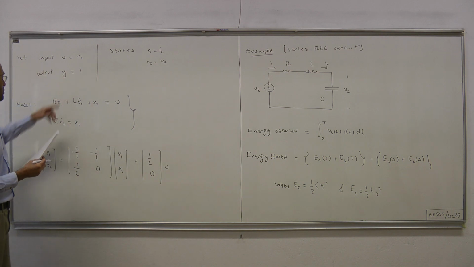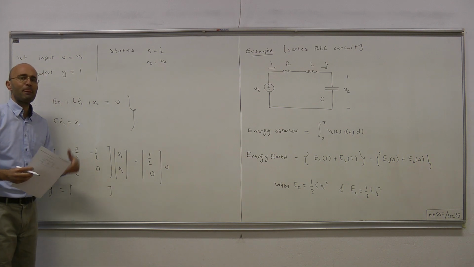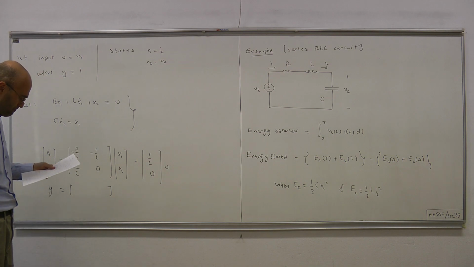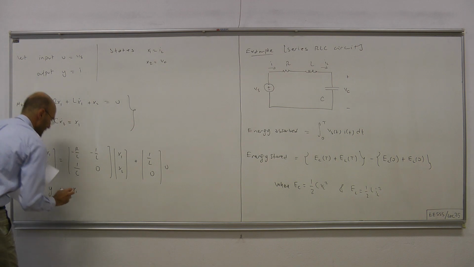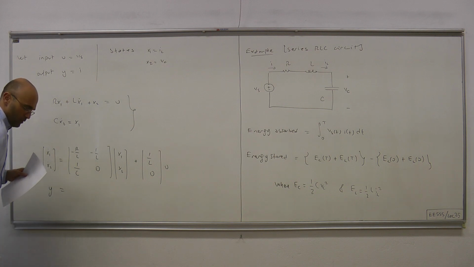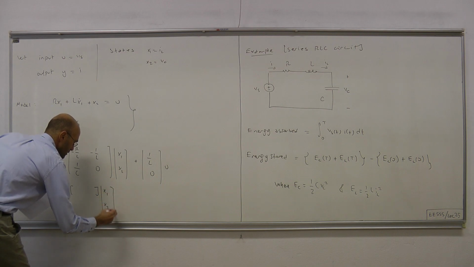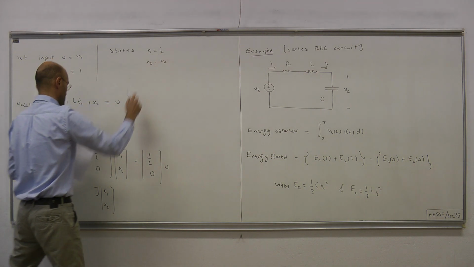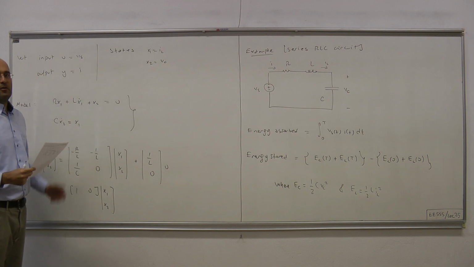How about the output y? y equals C times x plus D times u. In this case, y equals x1 directly. So y is I, which is IL, and IL is x1, so we're talking about this C matrix, plus Du, where the D matrix is 0.